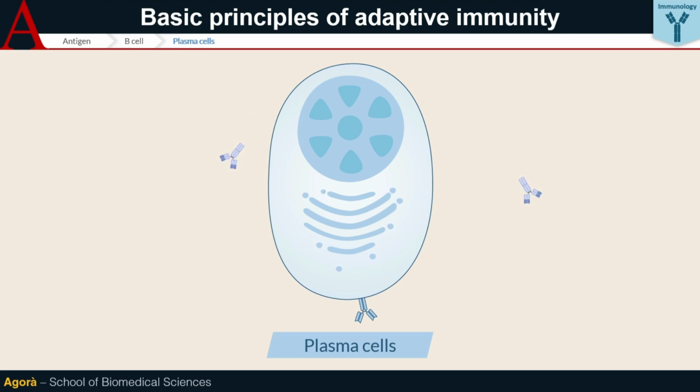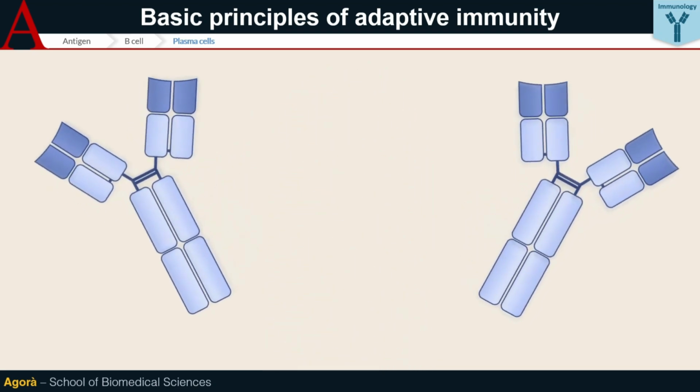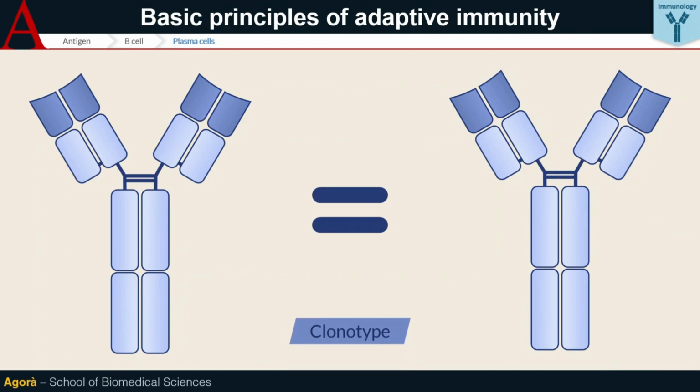For constant regions, there is in fact a certain variability, which is much less extensive than the variable regions and which determines antibody binding to a given cell type rather than another. In any case, each lymphocyte produces only one type of immunoglobulin and only one type of constant region and a variable region that is only able to recognize a specific antigen. This means that a single clonotype of antibodies is produced.